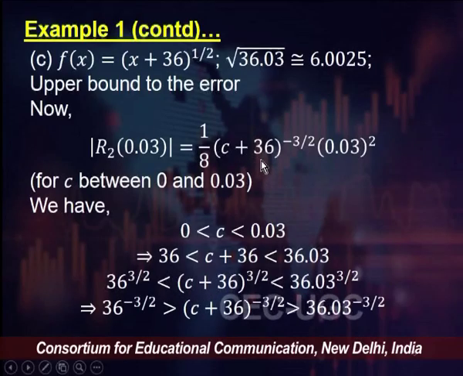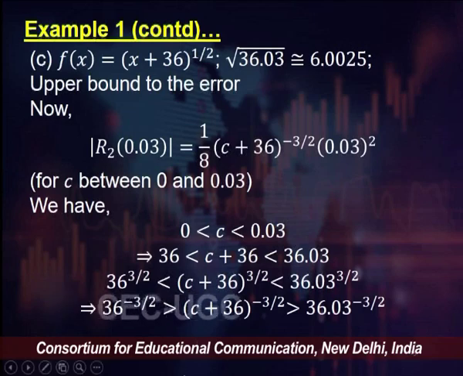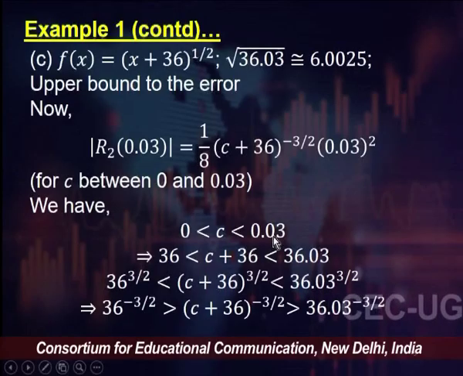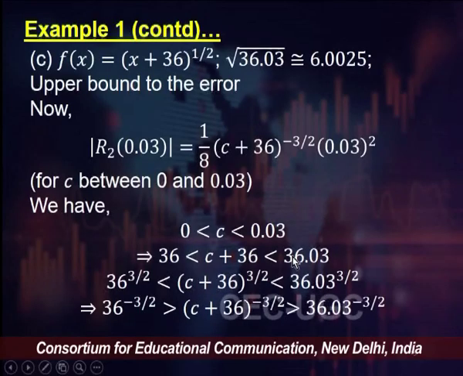The point is, the upper limit of the remainder would be nothing but the upper limit of c plus 36 to the power minus 3 by 2. So, that is why we are looking at these inequalities, because c lies between 0 and 0.03, c plus 36 will lie, just add 36 on both sides, you get 36 is less than c plus 36 is less than 36.03.